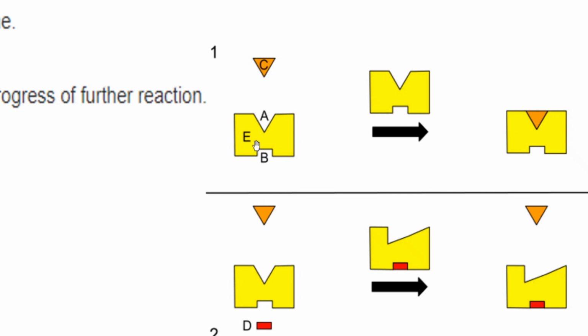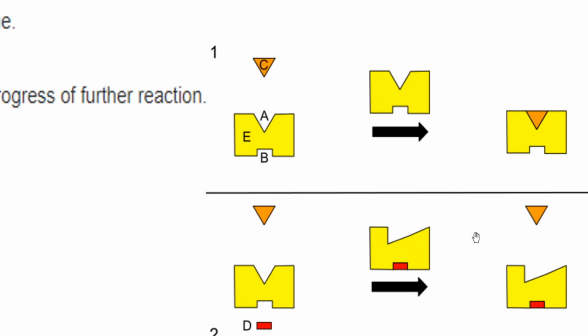But there is one more site. This particular site, which is called B, is called an allosteric site, because at this site something is going to bind, which is called the allosteric inhibitor. Now see what happens when this allosteric inhibitor binds to this allosteric site. See what happened? It changed our active site, and now our substrate cannot bind to it.